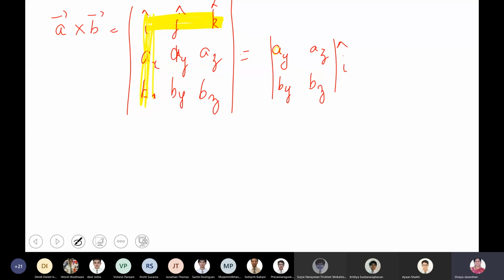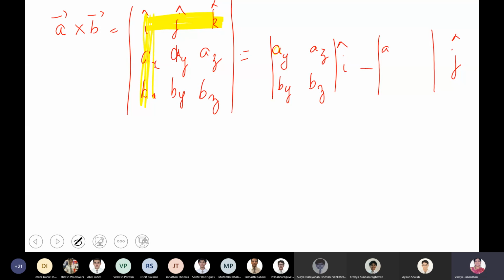Okay, next I have to go for finding the coefficient of J cap. For that, whatever is below J cap, those elements should not be included. Below J cap you have AY and BY, so I should not use that.